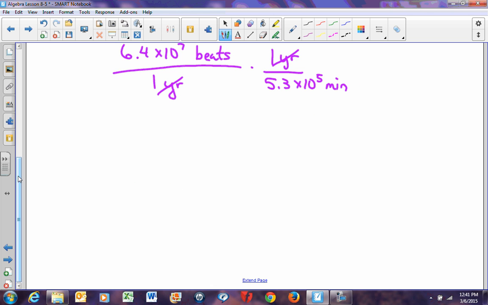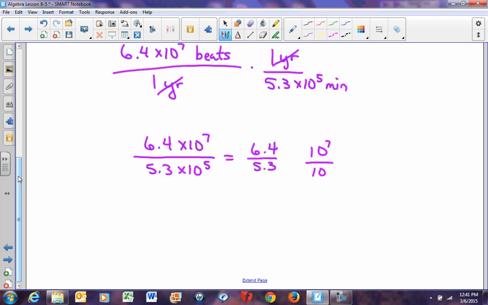So I'm going to take 6.4 times 10 to the 7th, and I'm going to divide that by 5.3 times 10 to the 5th, which simply means separate it and divide it. So that's going to be 6.4 divided by 5.3 and 10 to the 7th divided by 10 to the 5th.